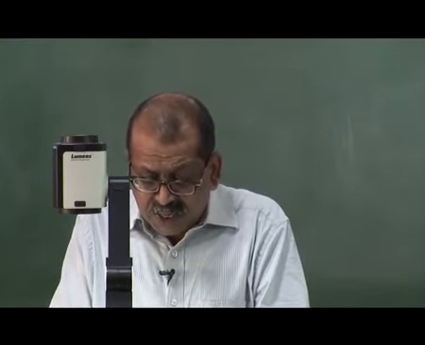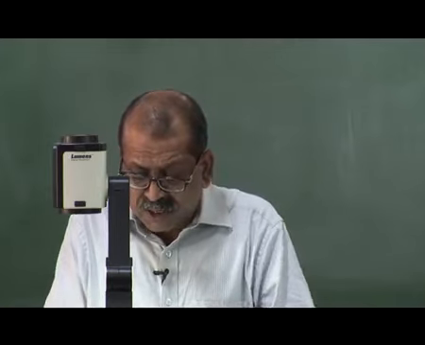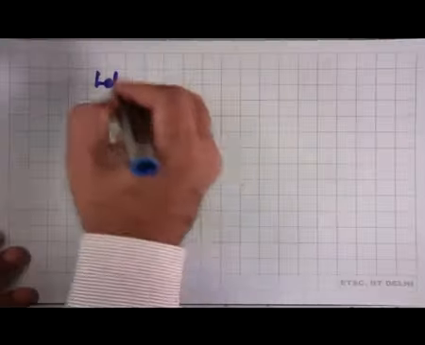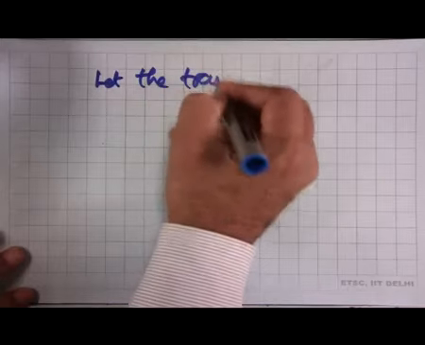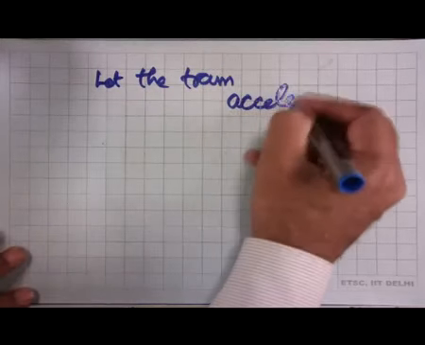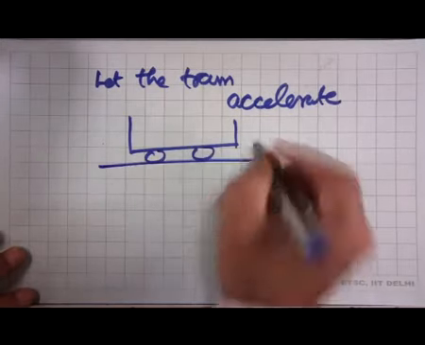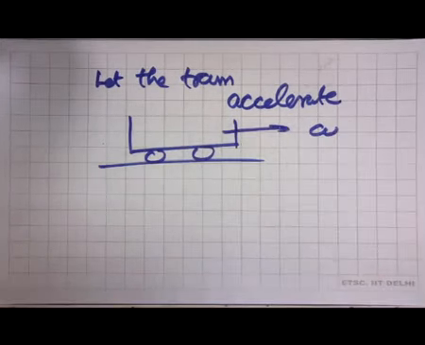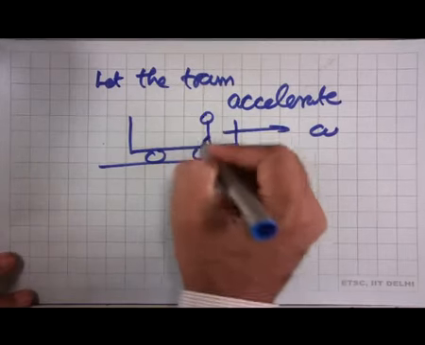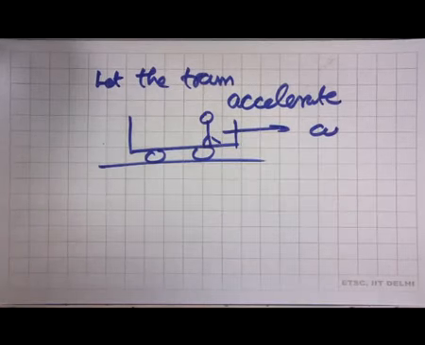Now, what we do is let the train accelerate. So, we have this train and now it is accelerating. The person is still standing on the compartment, is not moving.